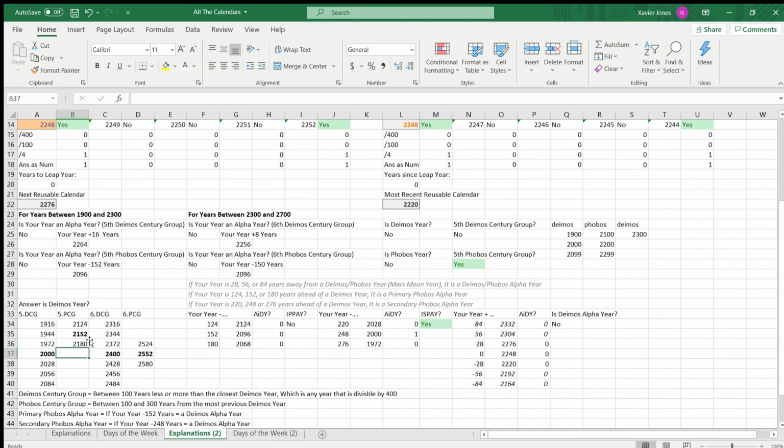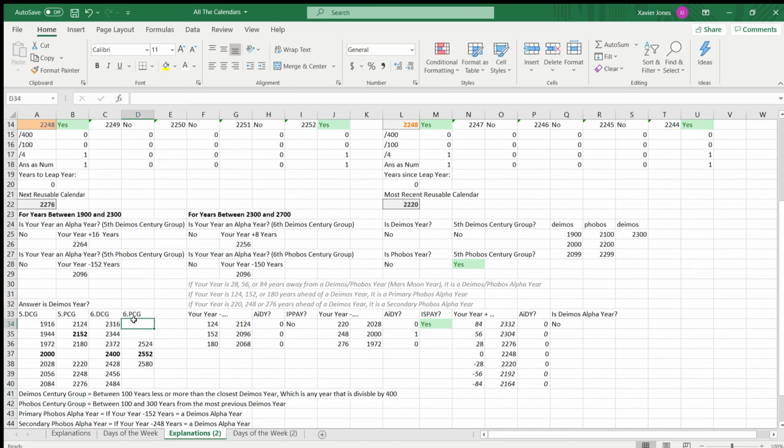We only have 6 in this case instead of the 7 we have here, and that's simply because, once again, we have limited years within the 100-year cycles. So, for example, we have 2220, 2248, and 2276, just as an example.